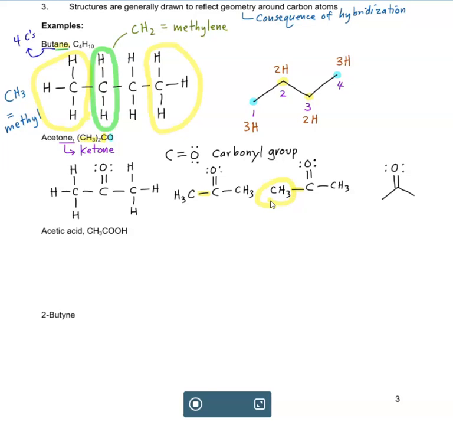It's assumed, because no charges are shown, that each of these carbon atoms has full valence, so they have 4 bonds. With each of them, only one of the bonds is shown. That means the remaining 3 bonds that are not shown explicitly must be to hydrogens. So there are 3 hydrogens on this carbon and 3 hydrogens on this carbon.